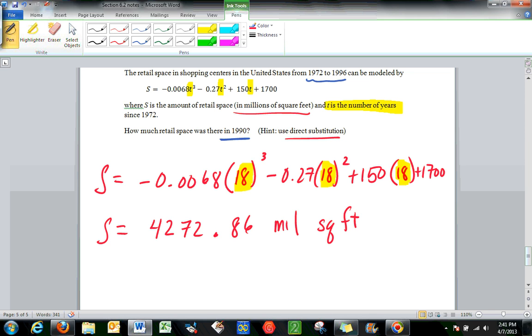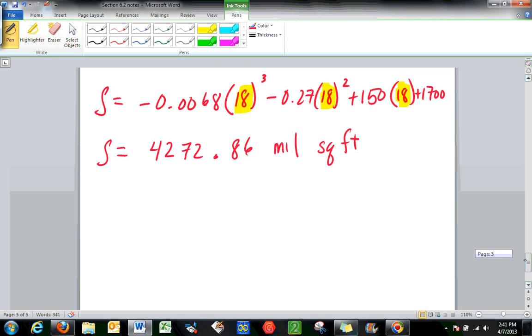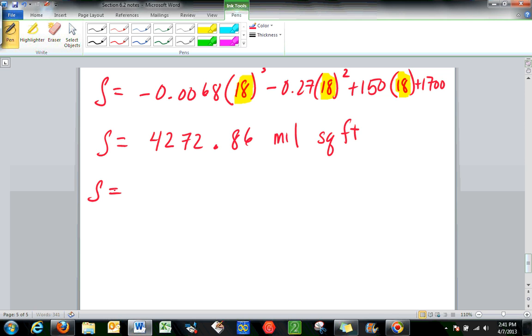So if I wanted to write that as a full number, then I would make that into millions. And so 4272, and then of course from here, from the decimal point, I would want 6 place values, and of course we have to start with the 8 and 6 and 0, and then 3 more zeros, and so that would give me my millions.